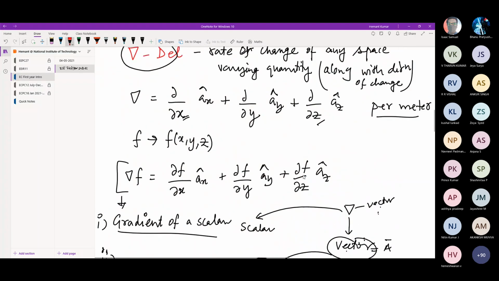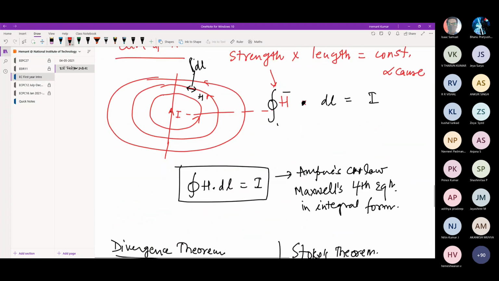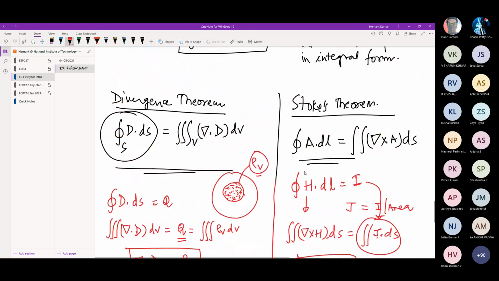Similar to here, what does curl represent? The circular nature. If a fan is not moving, the curl of that value will be zero. If there is no current, then there will be no magnetic field.